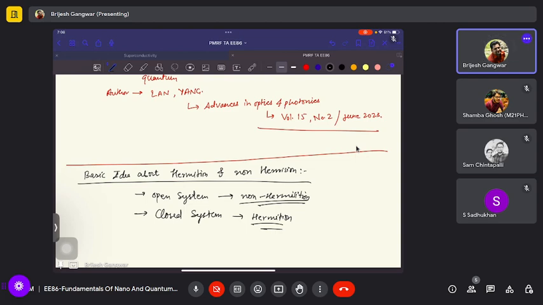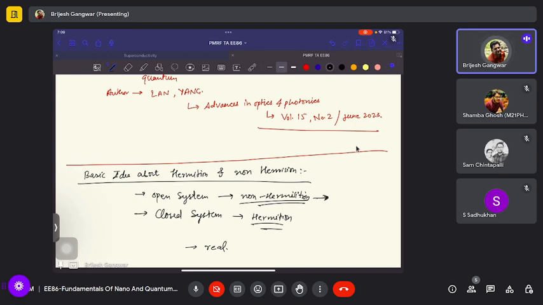If we apply them to a Hermitian system, then the Hermitian operator has real eigenvalues. But if you solve with a non-Hermitian system, then the eigenvalue comes out complex or imaginary.